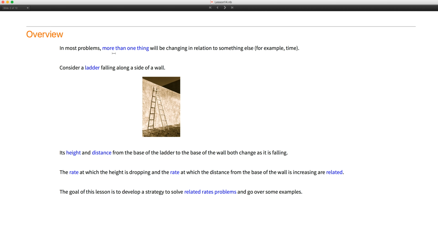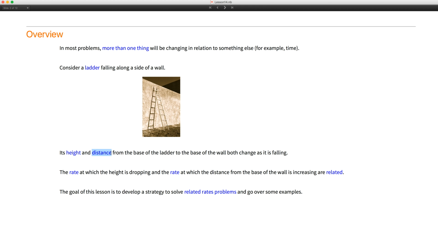In most problems, there will be more than one thing that is changing in relation to something else. For example, time varies, but then two other things vary with time. A good instance of that is a ladder that's falling along the side of a wall. There are two things that are changing: the height of the ladder from the top, and the distance from the base of the ladder to the base of the wall.